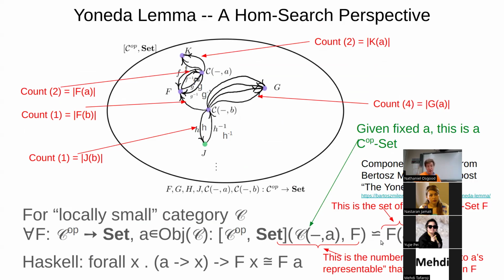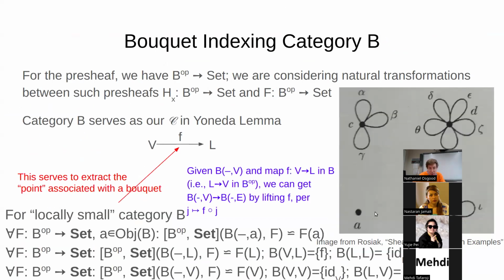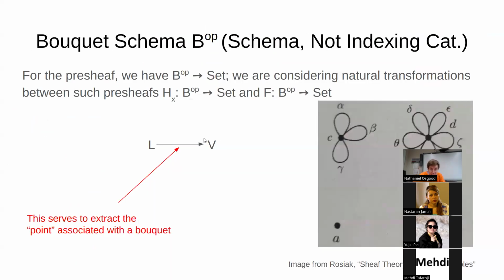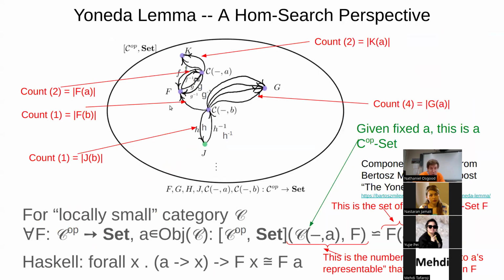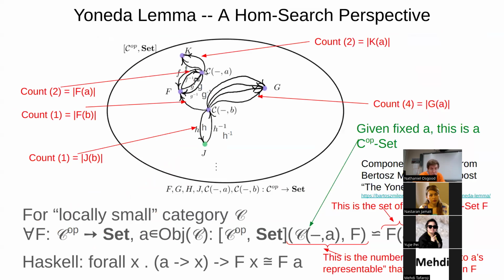Well, what makes the Yoneda lemma powerful is look, where's my nice picture? The number of places we find this representable for loop in our diagram, for any diagram, the number of places that we find it, I think I said this is the loop here.